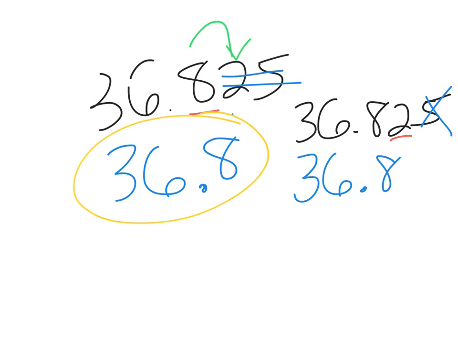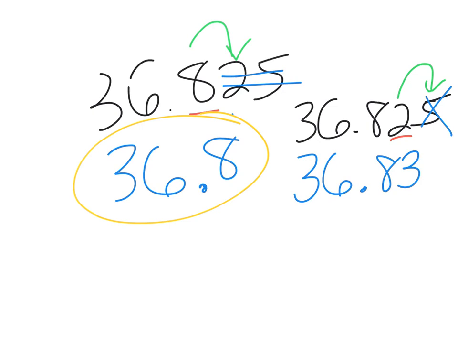But what's going to be in that hundredths place is dependent on the number next to it. It's either a 2 or it's going to become a 3. Once again, we look to the number next to it, and since that number is 5, remember 5 and higher is considered large, we take that 2 up to a 3.